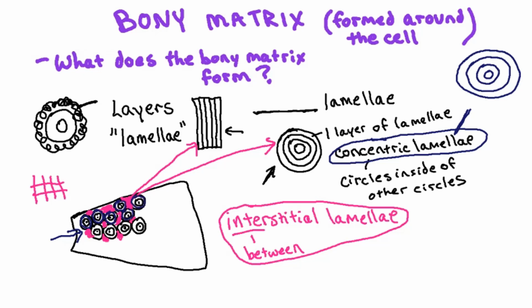Well, these units made up of the concentric lamella are called an osteon. And an osteon is the major unit of compact bone.